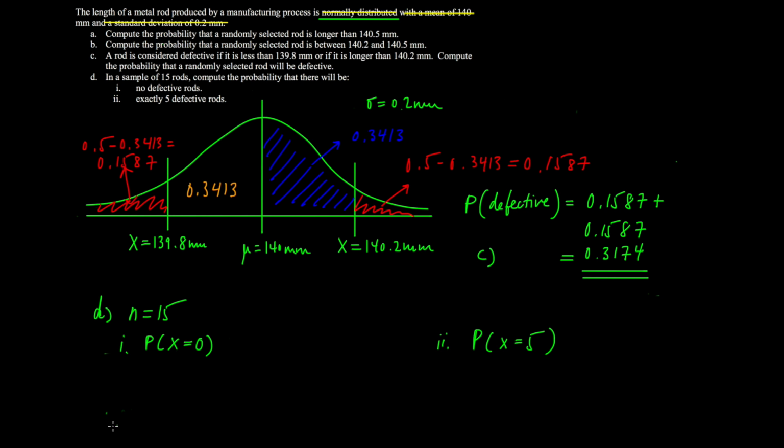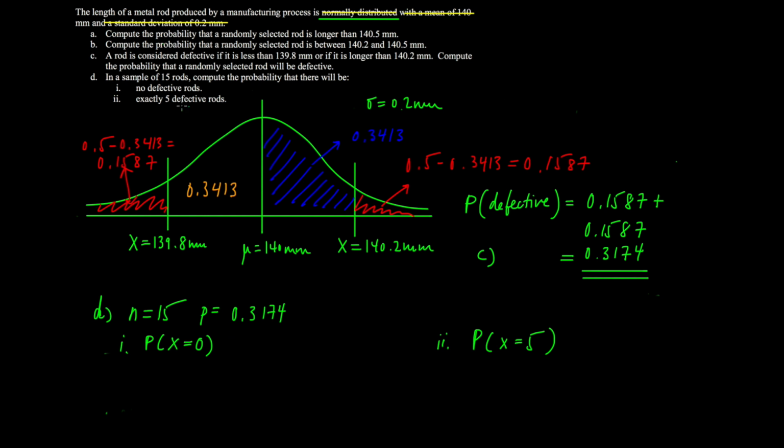So P of X equals 0, and they want the probability that there will be no defective rods. Remember the problem that was open-ended that we could solve both ways? Depending on what you pick as your P or your Q, you can solve this problem both ways. So I'm going to pick as my P the probability of a rod being defective, which I just computed: 0.3174.